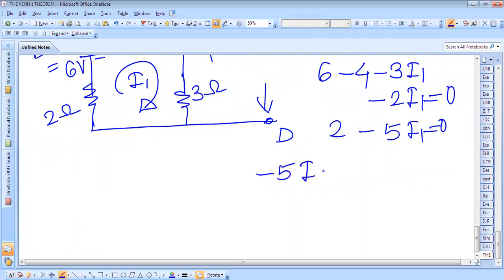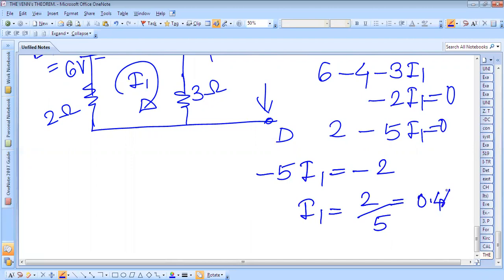Minus 5 I1 is equal to minus 2. Therefore I1 is equal to 2 by 5, which is equal to 0.4 ampere.